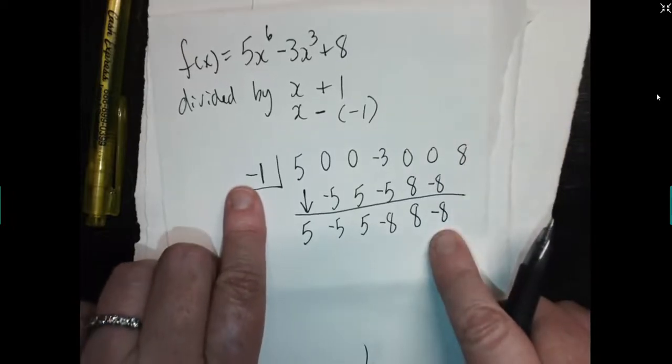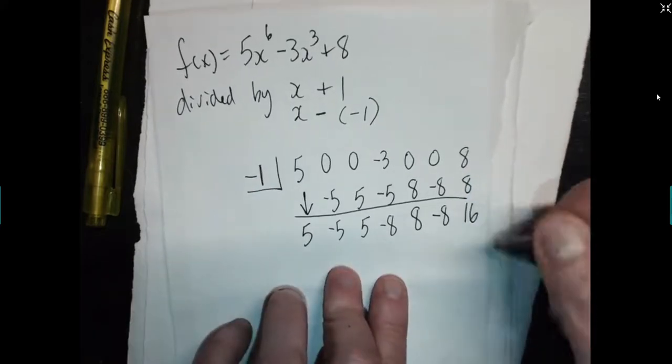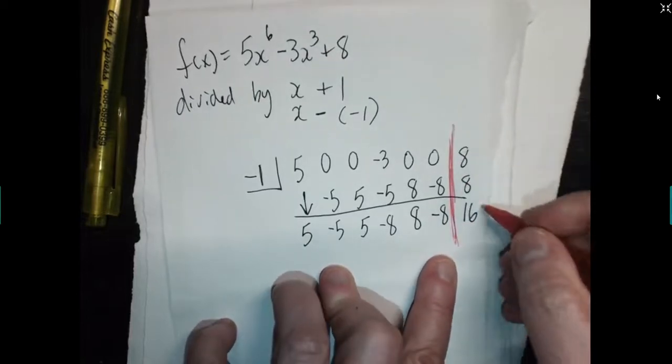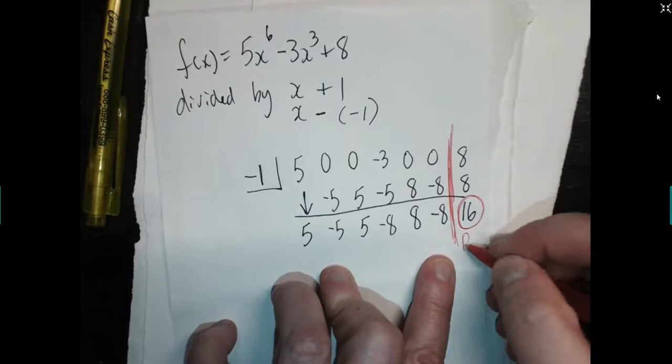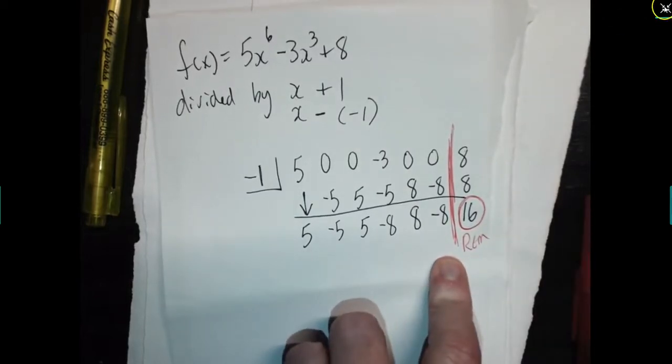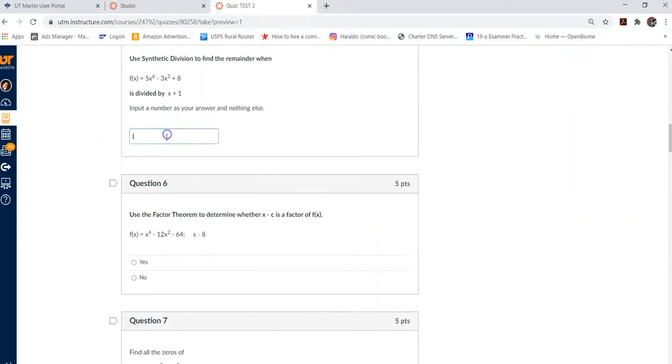And negative 8 times negative 1 is positive 8, and then we add. And now when everything's done, that is my remainder. So my remainder is 16. So I'm going to put a 16 in here for my answer, just the number.